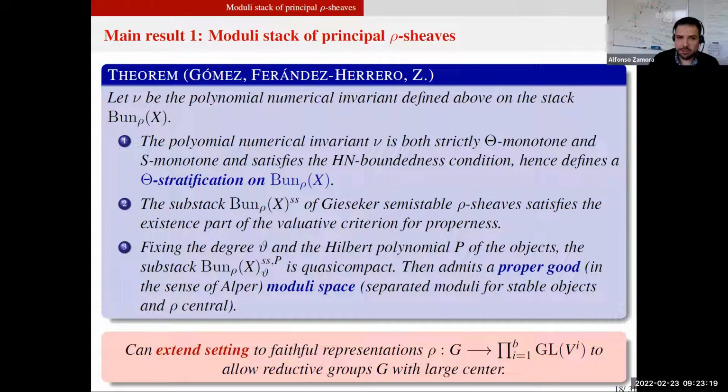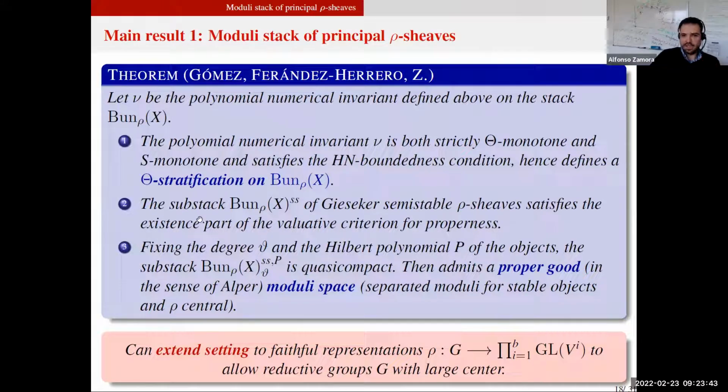Then the first theorem of this work says that if all these conditions hold, then we can apply this theory. So, the polynomial numerical invariant I defined before is both strictly theta-monotone and S-monotone, and it satisfies the HM boundedness criterion. Then it defines a theta stratification on the stack.